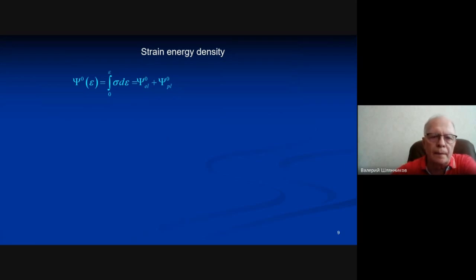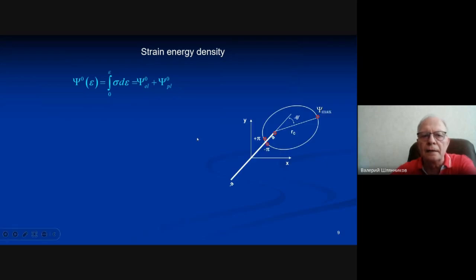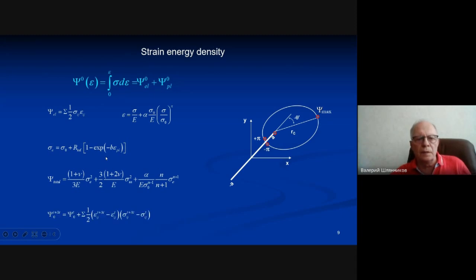One of the basic parameters of phase field fracture is the strain energy density, and the value of total strain energy density governs the crack deviation angle and crack path. In our study, we employed the elastic and plastic parts of this total strain energy density through several corresponding equations.